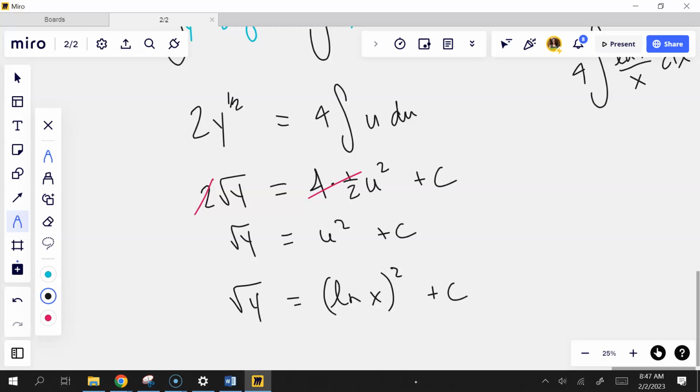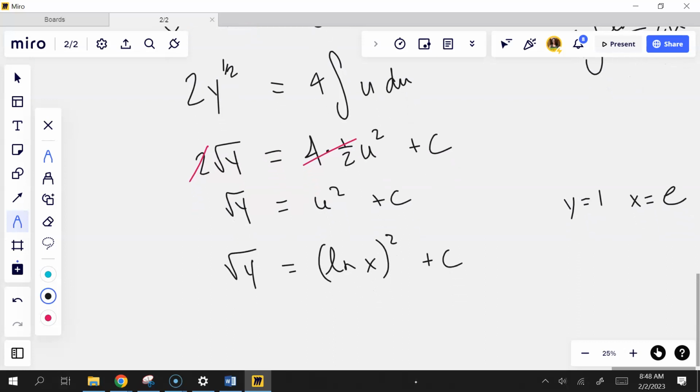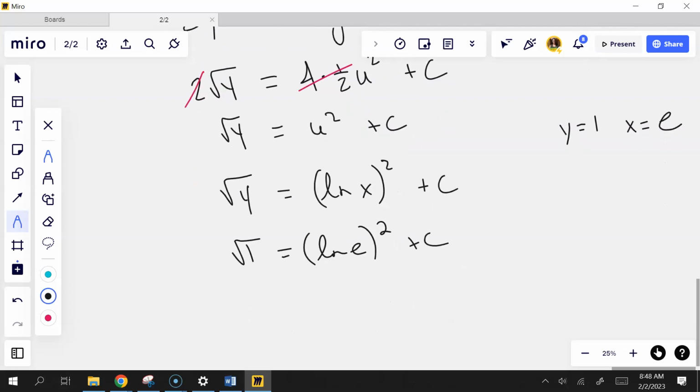Now it said y is 1 when x is e. I need to solve it for c. It's a lot of variables. All right. So, square root of 1 is log of e squared plus c. That's 1. So 1 equals 1 plus c. So c equals 0.